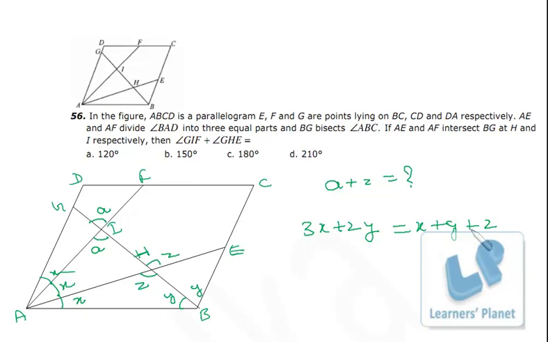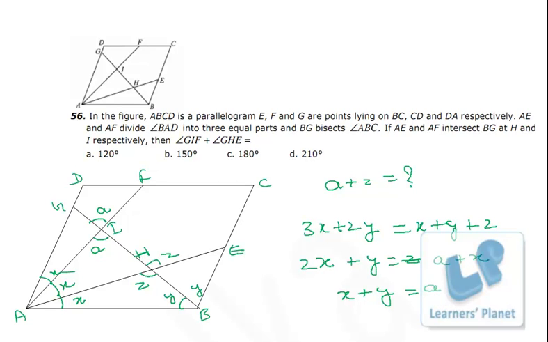So these two will be equal. So I can say 2x plus y is equal to Z. And from here we can see Z is equal to A plus X. It is an exterior angle, so that will be equal to the sum of interior opposite angles. So Z is equal to A plus X. So I can say X plus Y is equal to A.